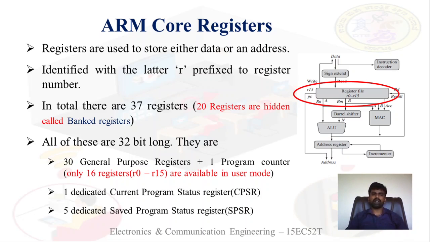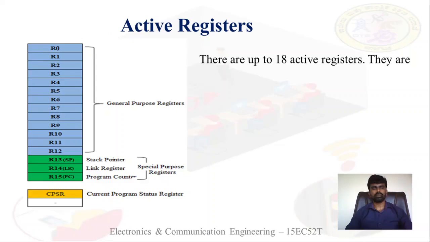Then there is one dedicated current program status register to store the current status of the processor. Then there are 5 dedicated saved program status registers. These are used to store the data of CPSR when the processor jumps to another mode from the user mode, which will be discussed in the upcoming lecture.